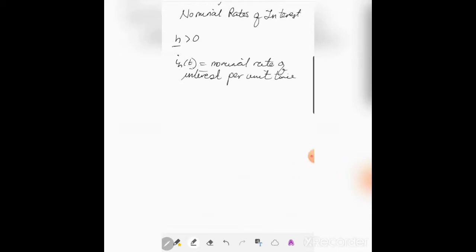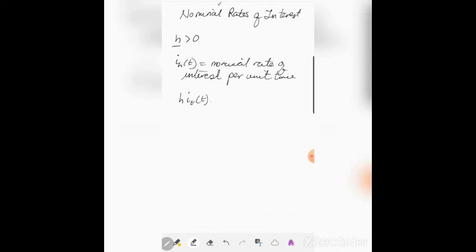So from the beginning at time t, the effective rate of interest for the period of length h beginning at time t is h times i subscript h, then t.